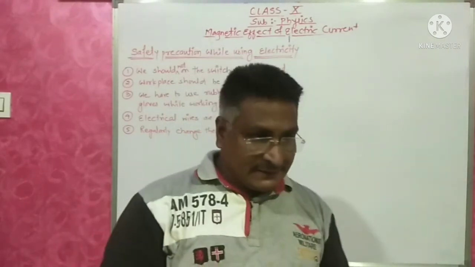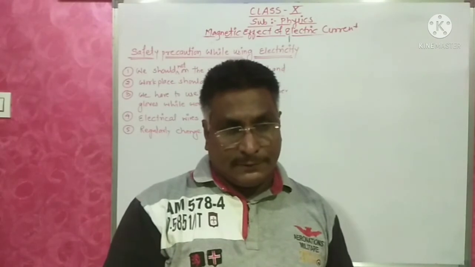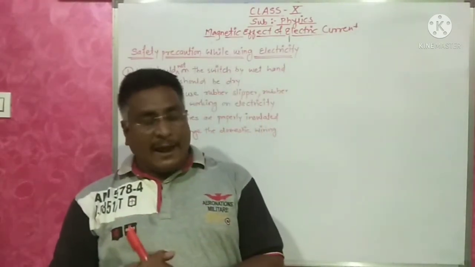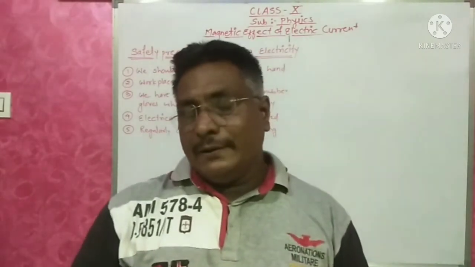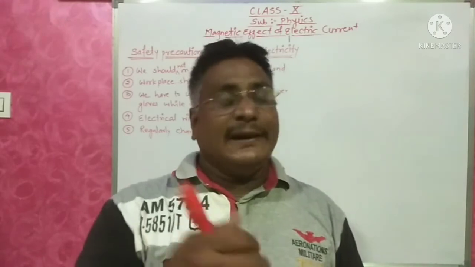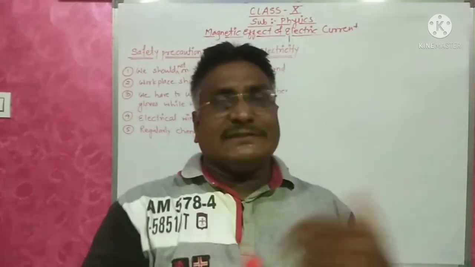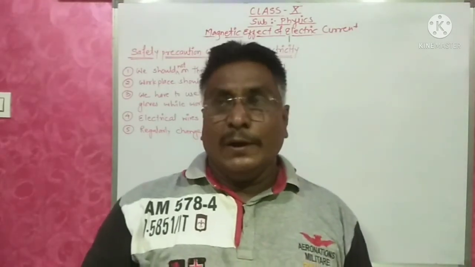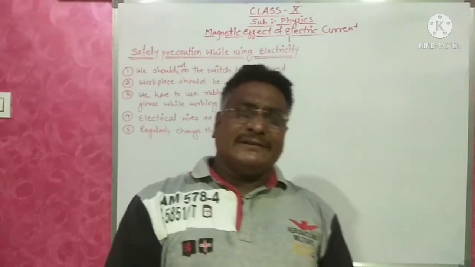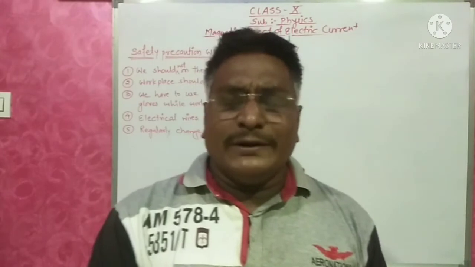Like human beings, when a human takes birth, every human being has a particular lifespan, and after that the human being will die. In the same way, every material has its lifespan, and after that it starts damaging. Conducting wires are non-living things, so how will they die?